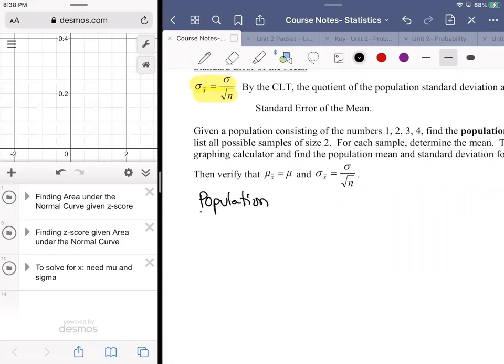consists of only the numbers 1, 2, 3, and 4. All right, so I am defining a population as just the numbers 1, 2, 3, and 4. I can do that. You can define a population to be whatever you want. And that's the thing.